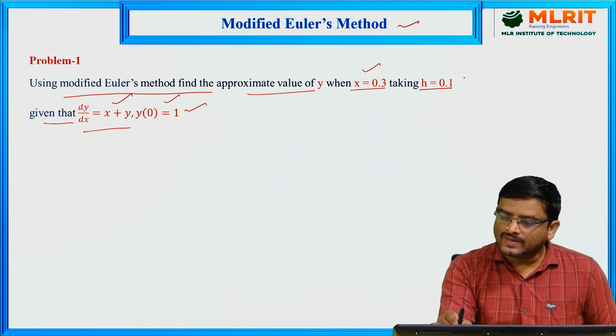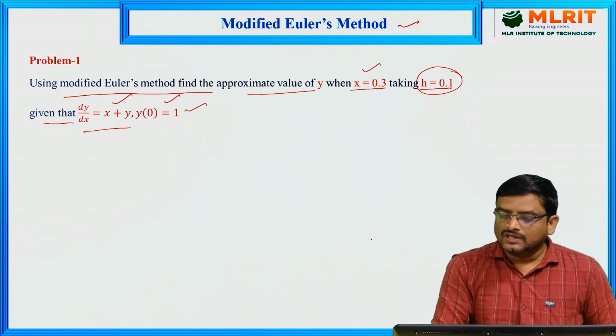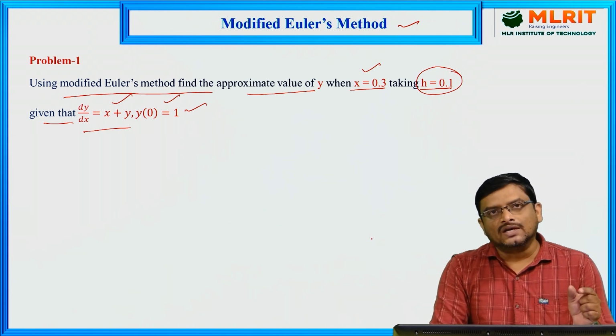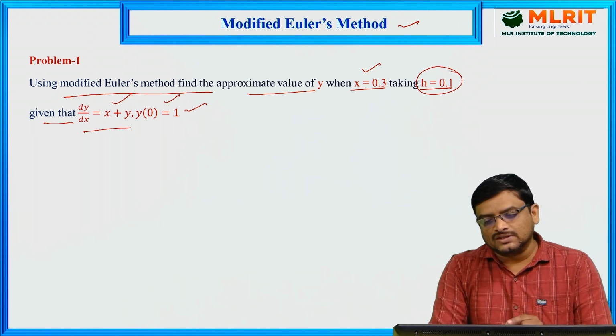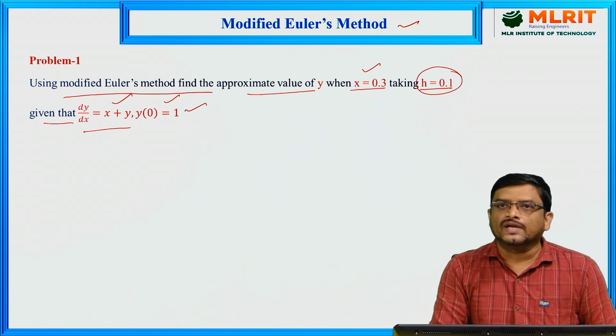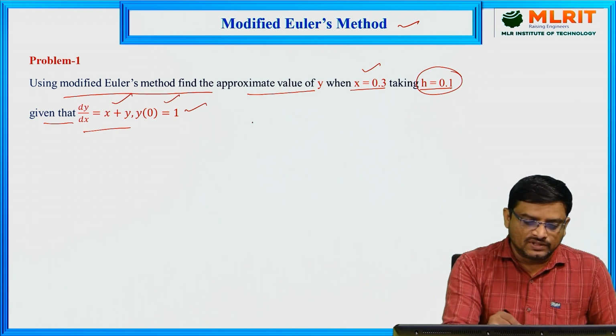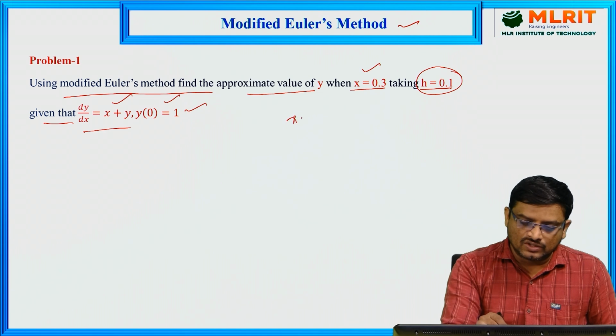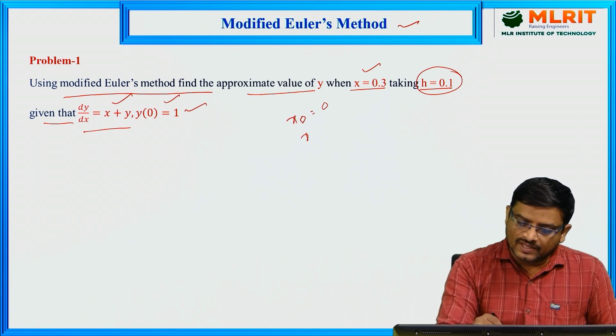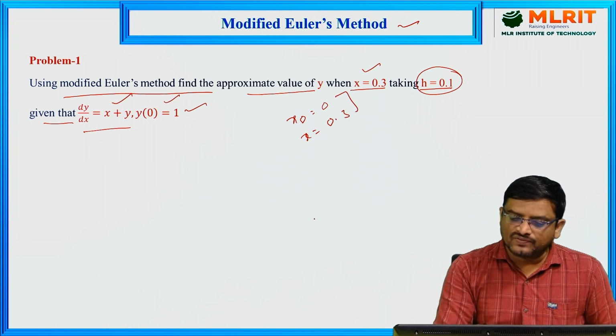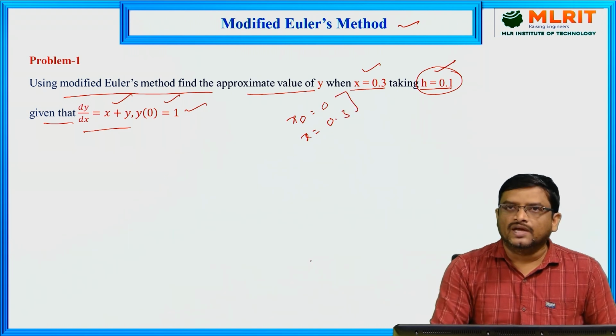But he has given one additional condition, that the step length, that means the difference between the values of x, must be 0.1. Comparing this differential equation and the initial condition, we get x naught equal to 0, and here the x value he has given is 0.3. Now this difference must coincide with the h value.